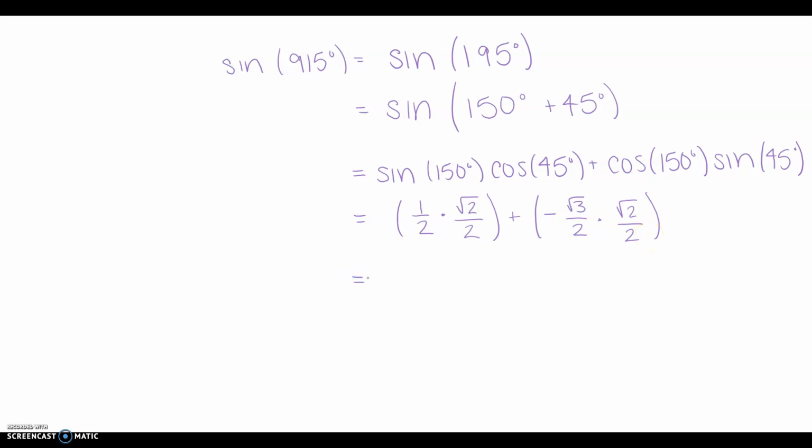So now I'm going to multiply. So we get the square root of 2 over 4 minus the square root of 6 over 4, which I could just rewrite with one denominator.